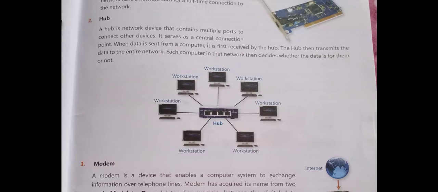Next is hub. A hub is a network device that contains multiple ports to connect other devices. It serves as a central connection point. Already we discussed what a hub is: a device through which we can communicate with other ports or other nodes. In star topology, we discussed that a hub is there which connects with other ports.